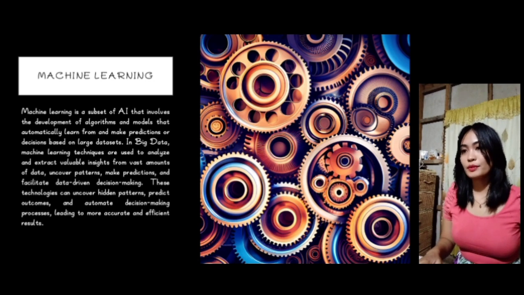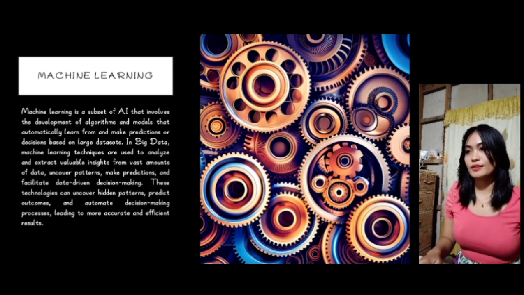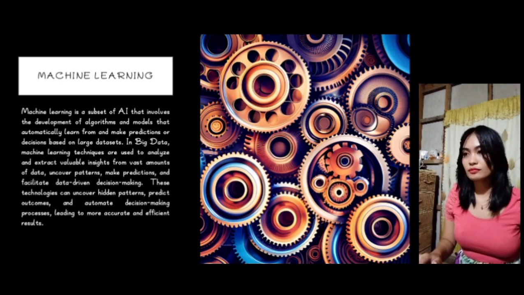Here are some examples of machine learning applications across different domains. We have email spam filtering. Machine learning models can be trained to classify emails as spam or legitimate based on patterns and characteristics in the email content, headers, and metadata.